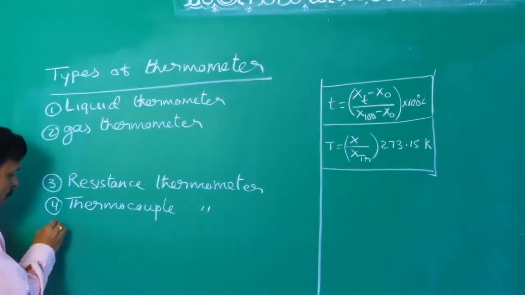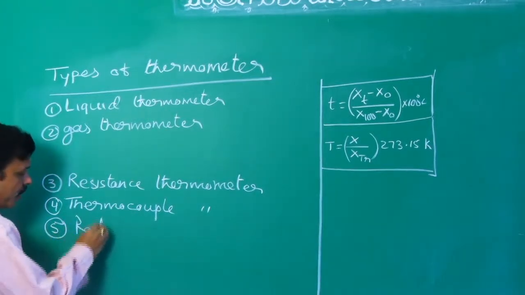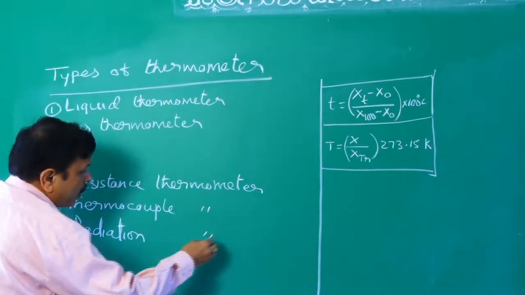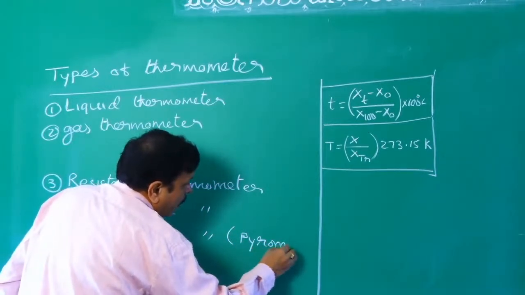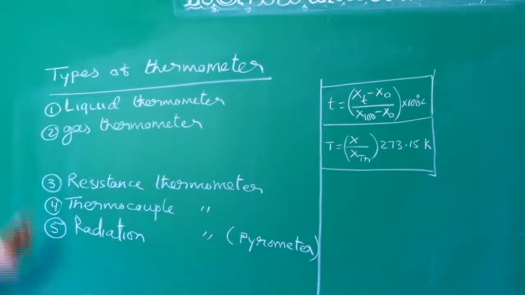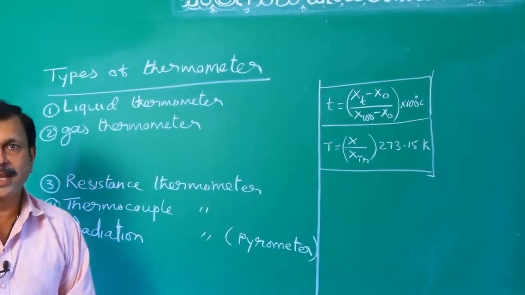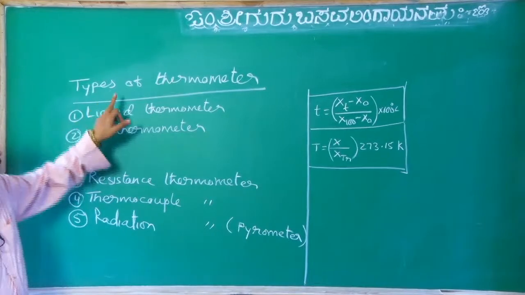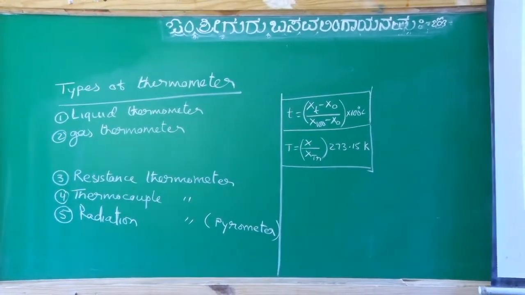Then next one is the pyrometer or radiation thermometer. That centigrade scale or Celsius scale we had already seen in the last topic, so that is not required. Here to measure this we will be making use of these types of thermometers.